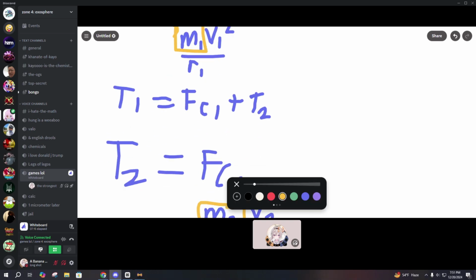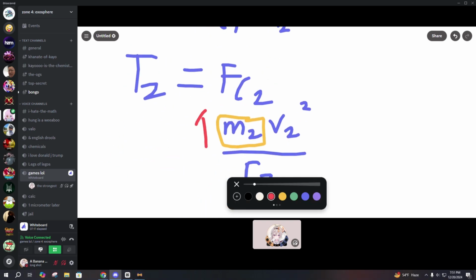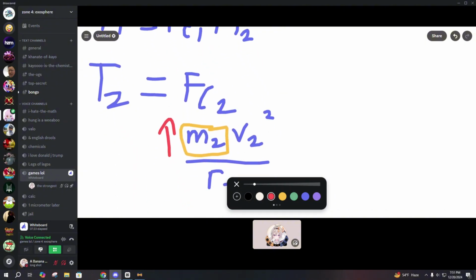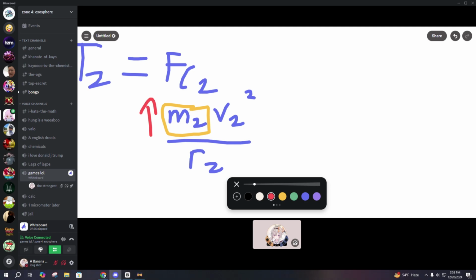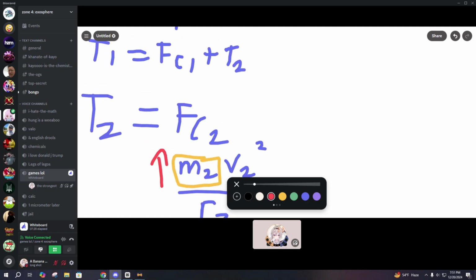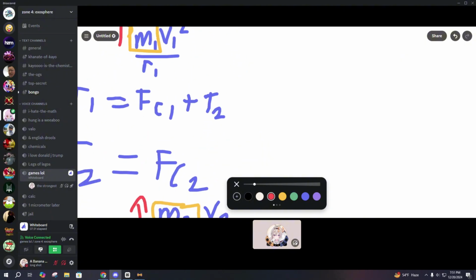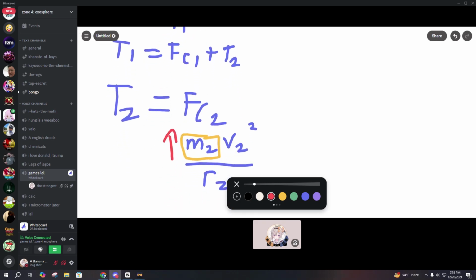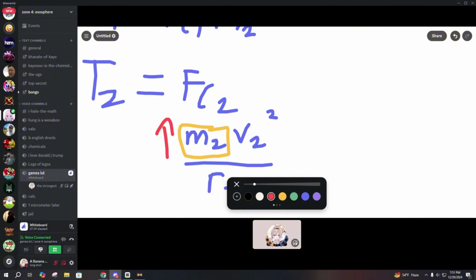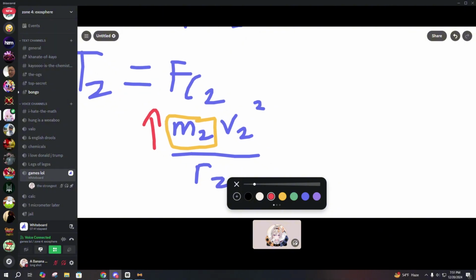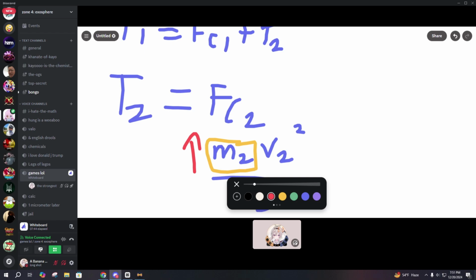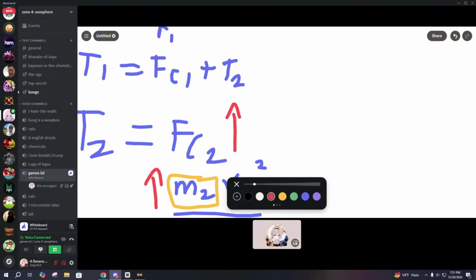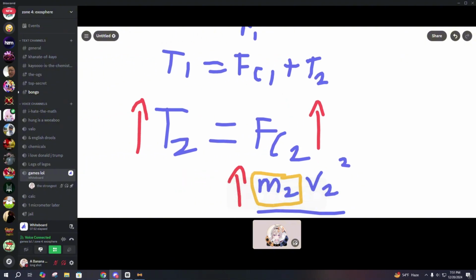And as the mass increases, as the problem says, you're multiplying a larger value by this centripetal acceleration that's the same as before. So basically, you're just multiplying a larger number by this constant value that's no different than the centripetal acceleration we had before with the same mass. So because of this, as you have a larger mass, you're going to multiply a larger m2 by the centripetal acceleration for the mass 2, and that's just going to give you a larger FC2. As this increases, FC2 increases, and as FC2 increases, T2 increases.